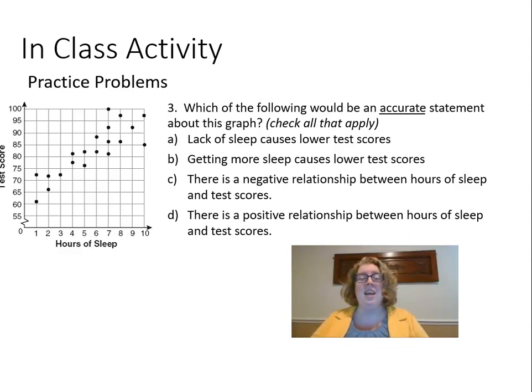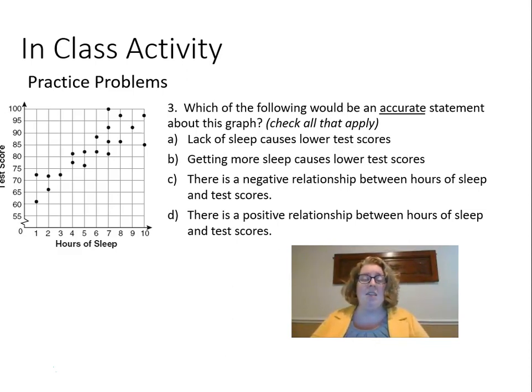Okay, I hope that you said neither one of those is correct, right? Because correlation does not equal causation. This graph does not show that getting sleep or getting lack of sleep causes lower test scores, right? All we can say is that there is either a negative or a positive relationship between getting sleep and test scores, right?